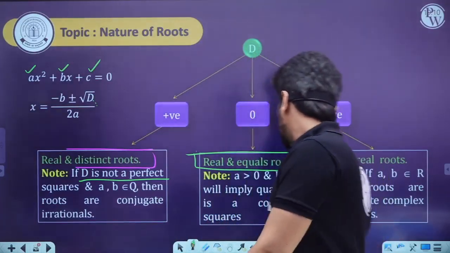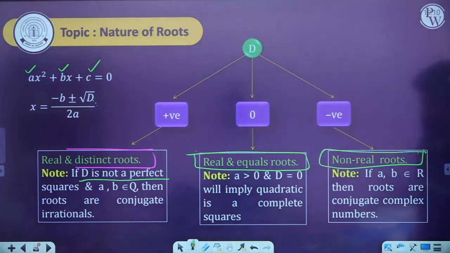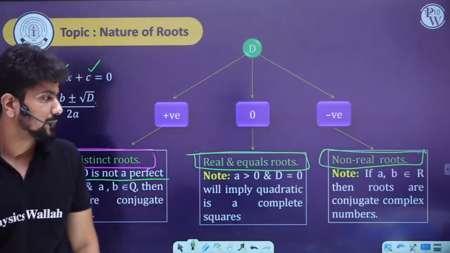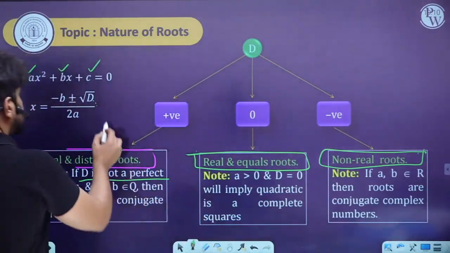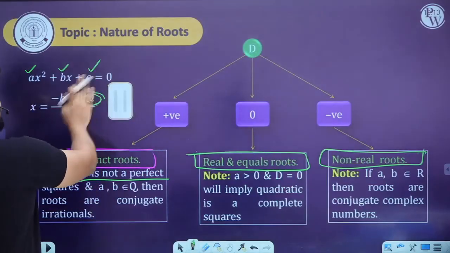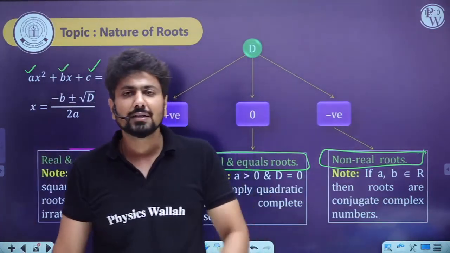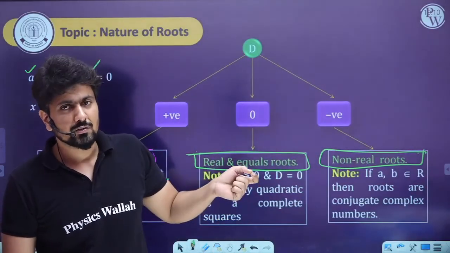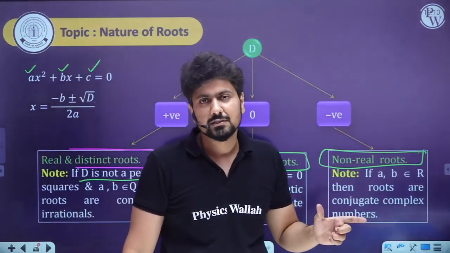And the same goes for imaginary roots as well. Because for imaginary roots, if discriminant is negative, here I'm going to get iota, and then again I'm going to get roots as conjugate complex numbers, like 3 plus 2 iota, 3 minus 2 iota. If 5 plus iota is one of the roots, the other root will be 5 minus iota.